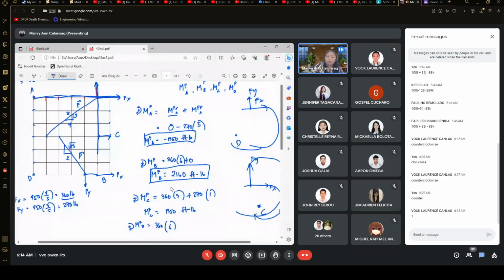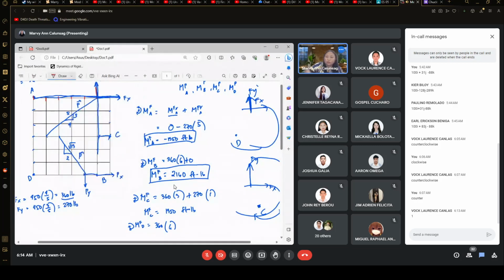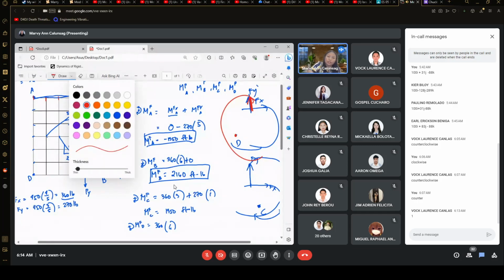Onya, si Fy, asa man si Fy? Di ara si Fy, kani, mao ni Fy na to. Please follow my way. Dara si D. Unsa may rotation? Actually, si D naa sa left side ni Fy. So, tuyok ana counterclockwise ka. So, kay counterclockwise man imong tuyok, negative na siya.